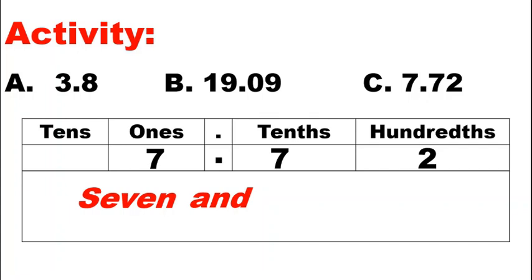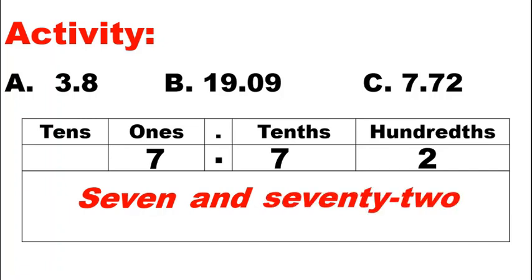That's right, 72, and read the last place value: 72 hundredths. Very good. You came up with the correct answer. So how did you write the following decimal numbers into words?